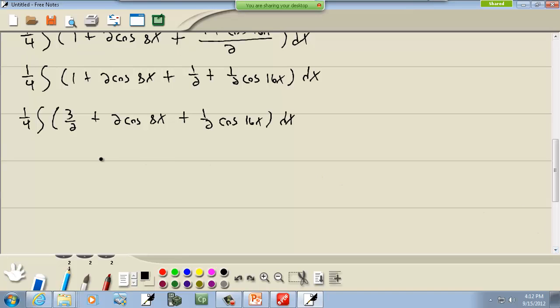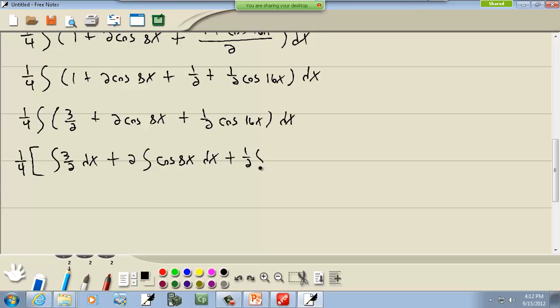Now I'm going to split these into separate integrals. 1/4 times all of it. So this first one would be 3/2 dx. This next one, I'm going to take the 2 and put it out in front. So it would be 2, the integral of cosine 8x dx. This one I'll put the 1/2 out in front.